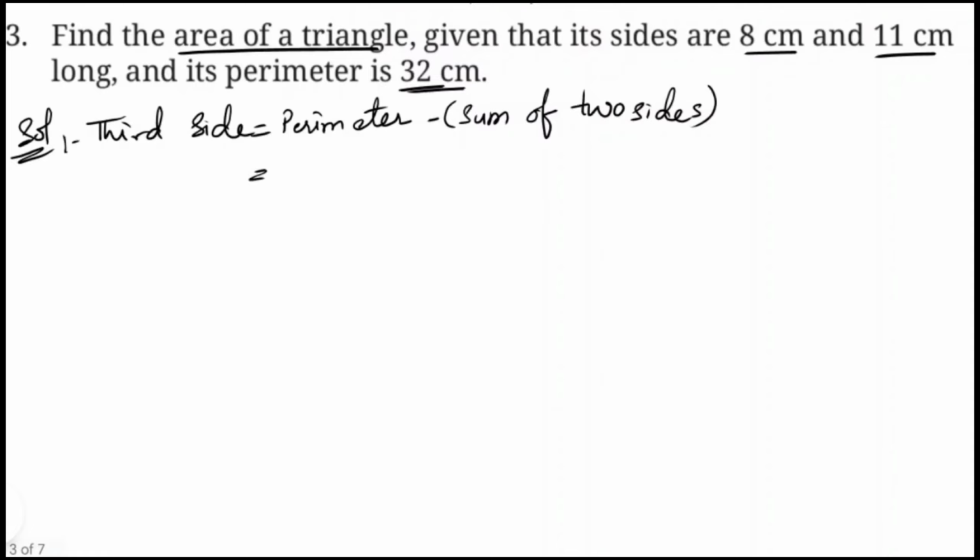So what are those two sides? 32 minus 8 plus 11. So 32 we will write as it is, minus 8 plus 11 is 19. So after subtracting we will get 13 centimeter. Okay. So now sides of the triangle we got.